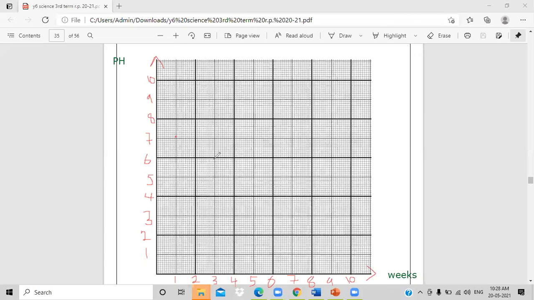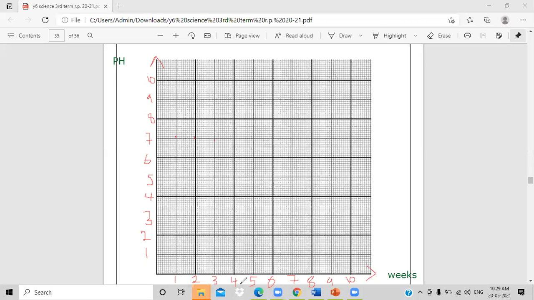In the second week, what was the pH? It was only 7. Yes, so I'm going to put a dot on 7. Okay, then in the third week, it was 6.9. So I'm going to go to 6, and then I will reach the last small box in number 6, just before it, I'm going to put the dot.